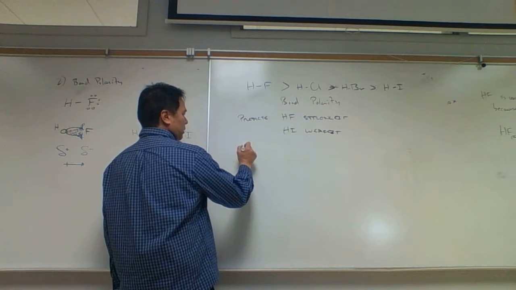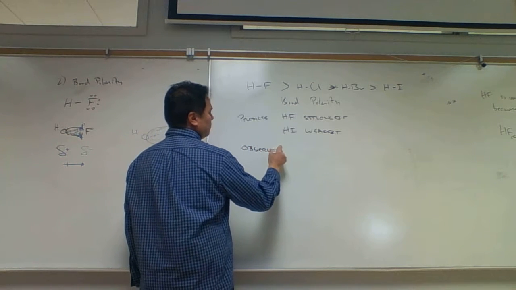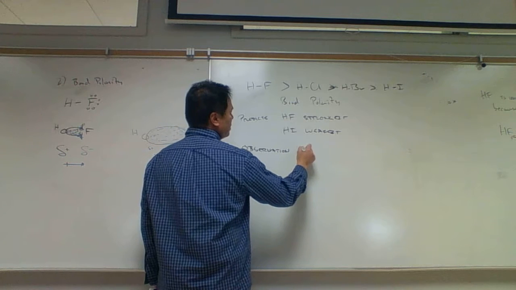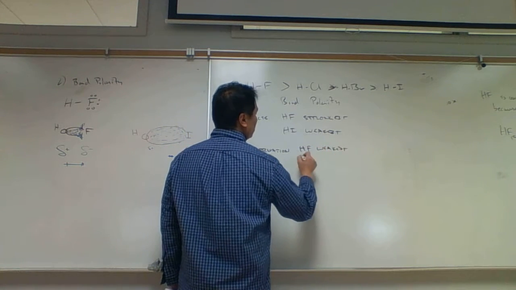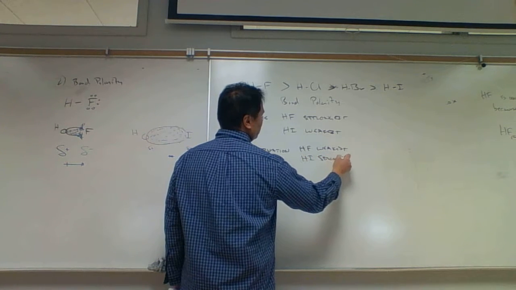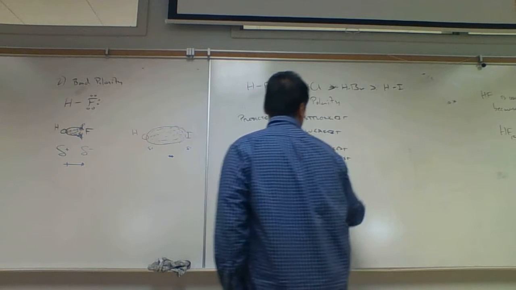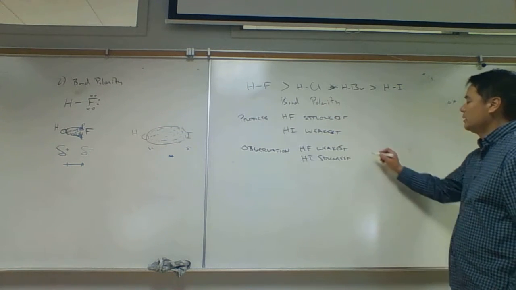But experimental observations show the opposite to be true. By observation, HF is the weakest, and HI the strongest. And so what this means is that the most important factor is bond energy.